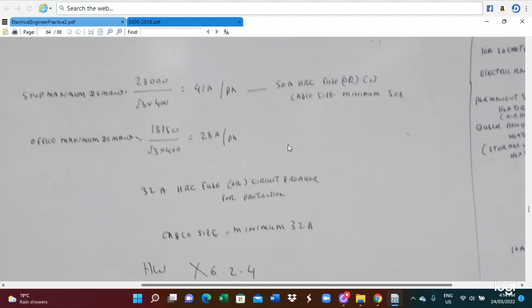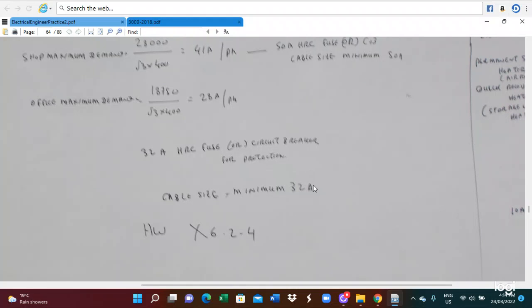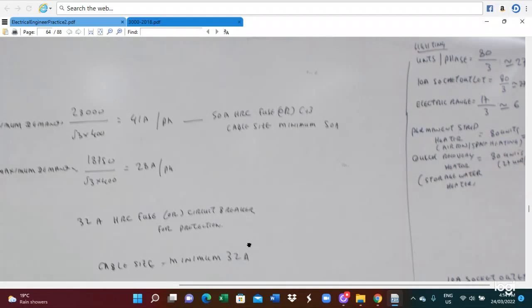In this case it is 41 ampere per phase. So for the cable size we can utilize 50 ampere, and for the 28 ampere we have to utilize a 32 ampere HRC fuse. This is the way we calculate it.